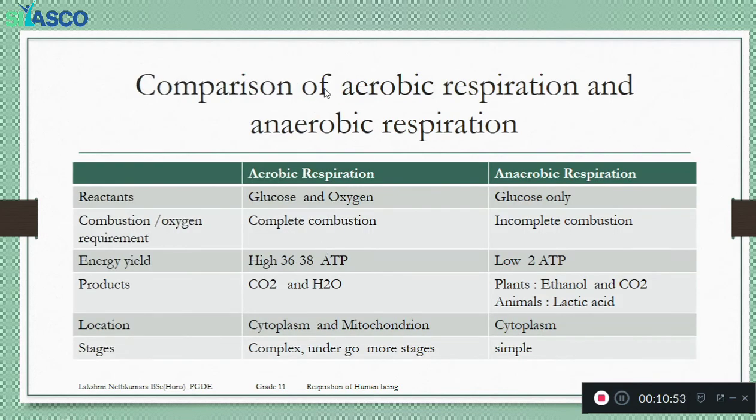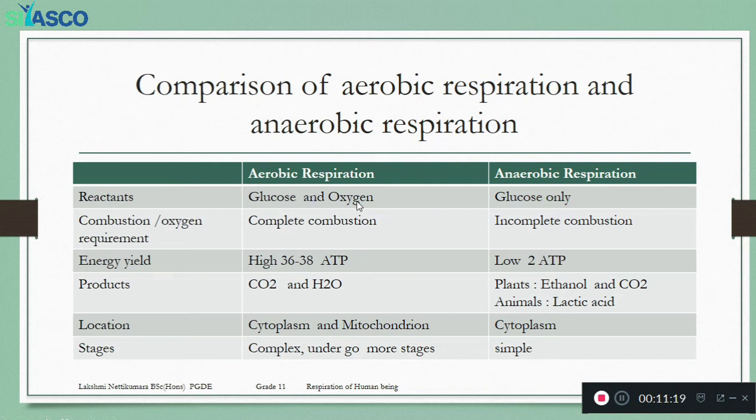Let's see the comparison of aerobic respiration and anaerobic respiration. In the learning outcomes, you should be able to give this in terms of energy and in terms of usage of oxygen. Aerobic means oxygen is needed. What are the reactants here?